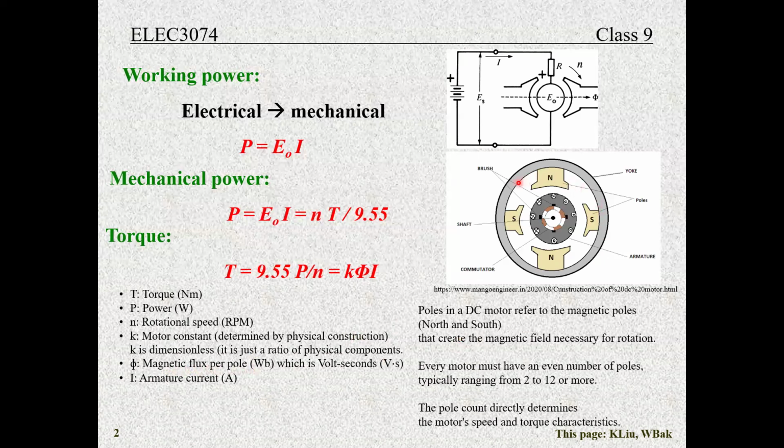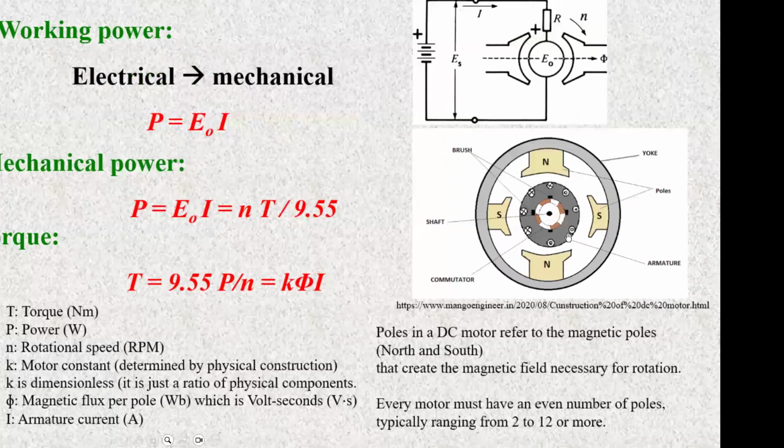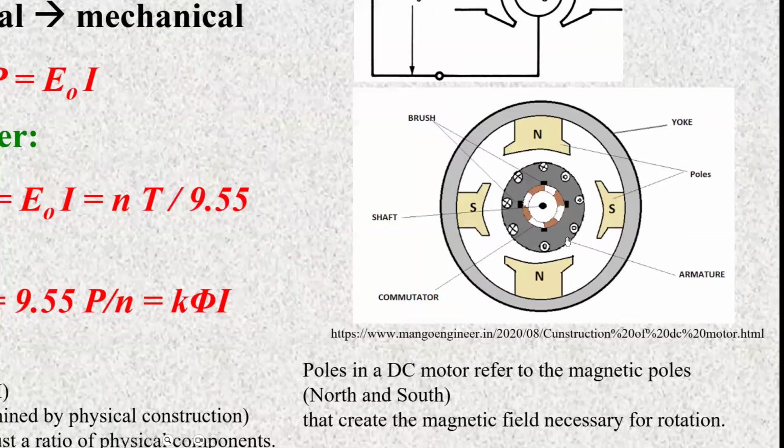How many poles do we see here? There's 1, 2, 3, and 4. And I just noticed, because I grabbed that from this side here, it should be north, south, north, south, not north, north, and south, south.